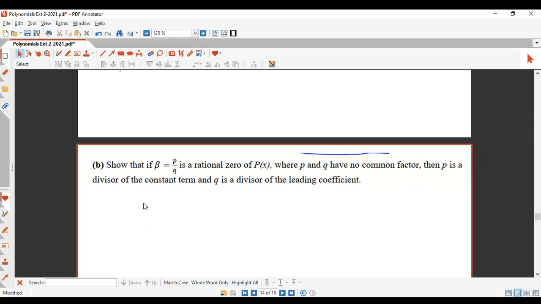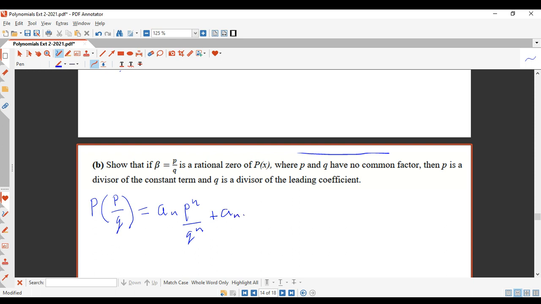So let's start off by substituting p over q into my polynomial P of x. Now I've already defined P of x on the previous page, so we're just substituting p on q there. If I do that, I'm going to get a_n, and p on q to the n will be p to the n on q to the n, right?